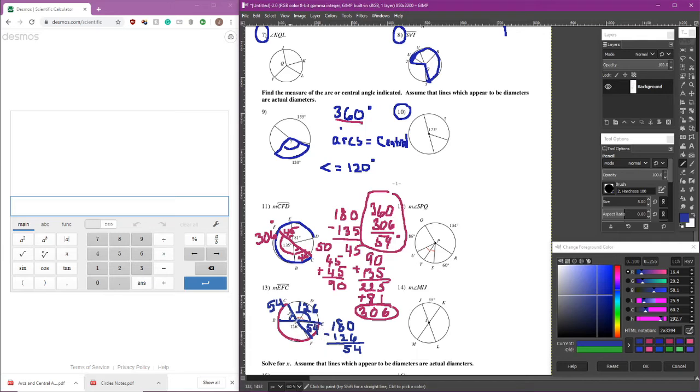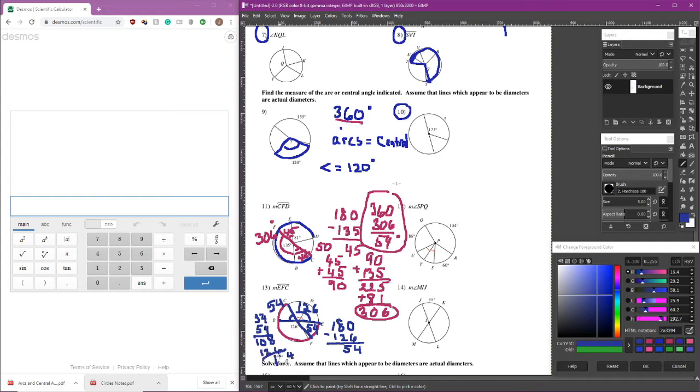Now I have all the angle pieces that I need to be able to add up and find the arc that I want. If I add 54 plus 126 plus 54, I will have it. I'm going to put it in this order just because mental math is a little bit easier for me this way. 54 and 54 is 108. And then I'm going to add 126 to that.